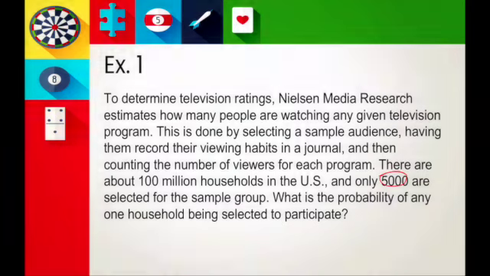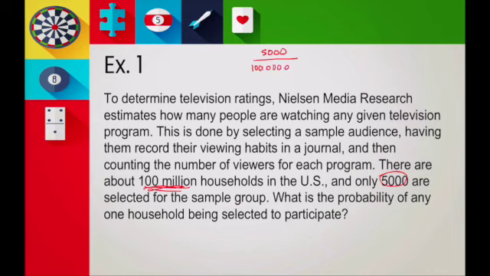So the success is being in the sample group. There are 5,000 successes, and the failure is not being selected to participate. And so the total number of events is this 100 million.